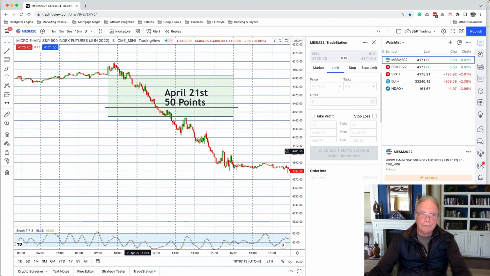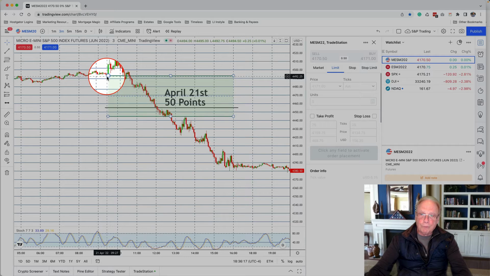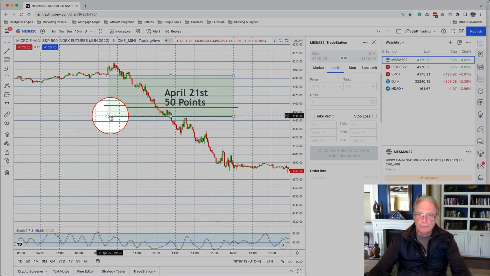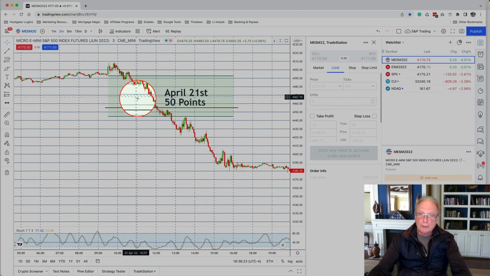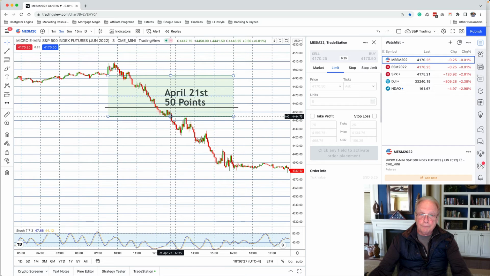On April 21st, my trading zone resistance up at 44.92 and support at 44.45. Market opened at 44.94, holding on through the day. Well, on this particular day, at 1 p.m., the market traversed the entirety of the trading zone, good for 50 points.